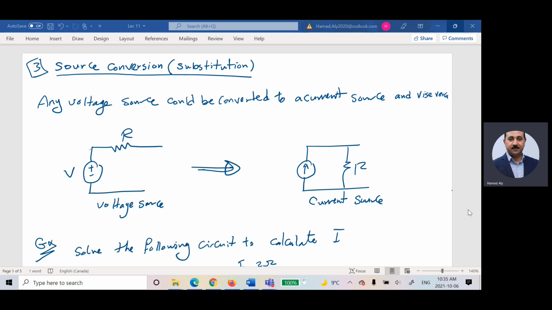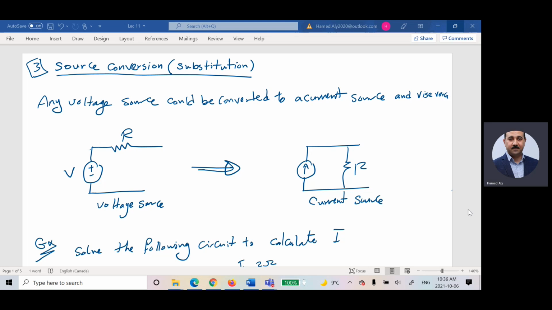We studied KCL and KVL, and we heard about two identities, the current divider and the voltage divider. And also we know the very simple Ohm's law, which is R total is equal to V over I, or V is equal to I times R total.